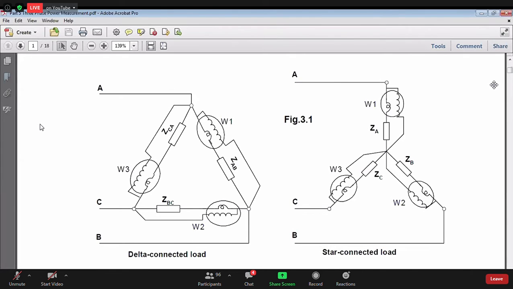Therefore, the reading of W1 is A phase voltage multiplied by A phase current and the cosine of the angle between A phase voltage and A phase current. So that will be A phase power.